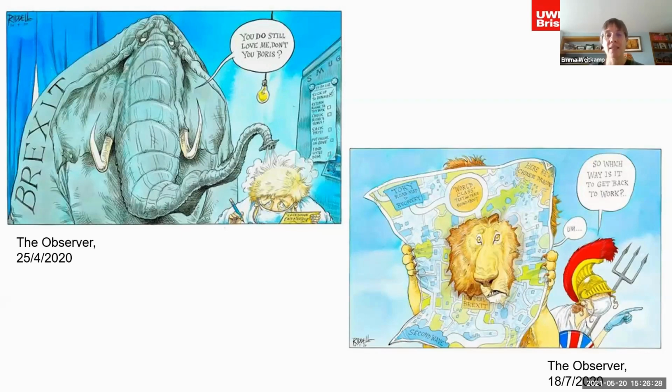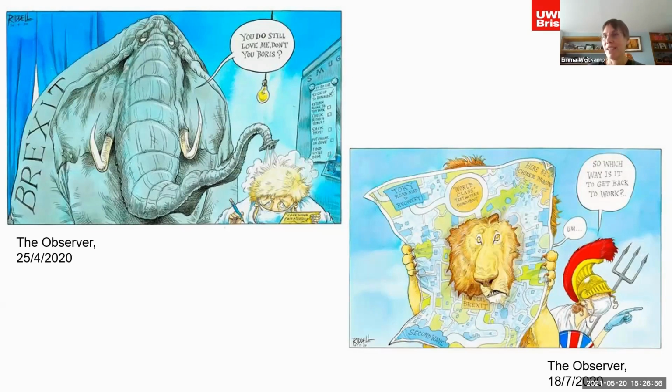We have the end of lockdown at around this time, but this cartoon is saying, well, you might be ending lockdown, but we've got no idea where we're going as a country. At the bottom, just below the lion's nose, you'll see the no deal Brexit sign. So Brexit is in there, but we've got a second wave, a road to recovery that's not going anywhere, and world-class test and trace. So it's criticizing everything that's going on at that time.